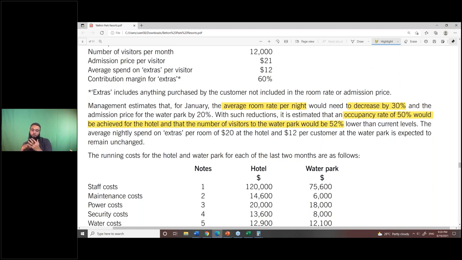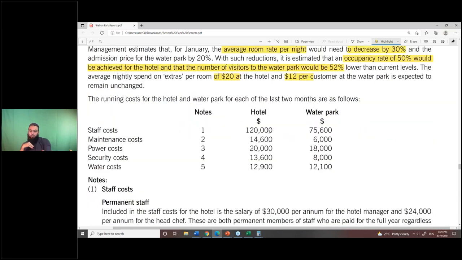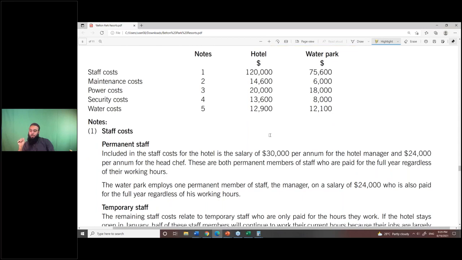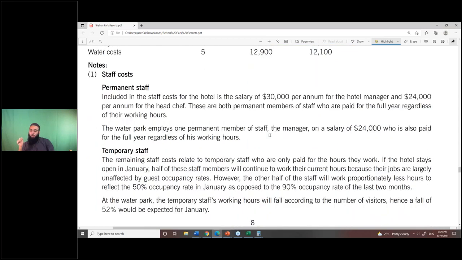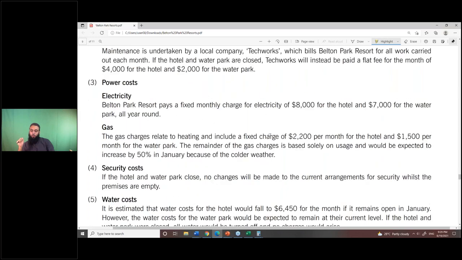The average nightly spend on extras per room, 20 for the hotel and 12 for the water park, remains unchanged. The running costs for the hotel and water park for each of the last 2 months are as follows. You can see the cost of staff, maintenance, power costs, security, water costs, and you are given notes as well, which you have to read and complete your calculations.